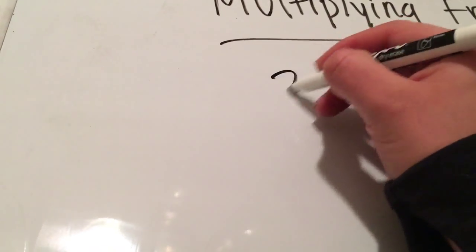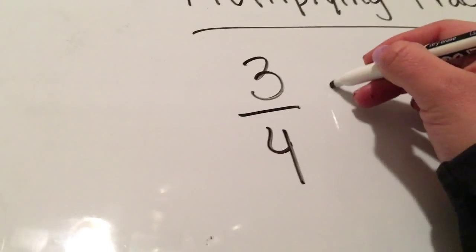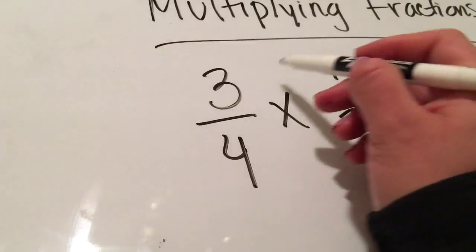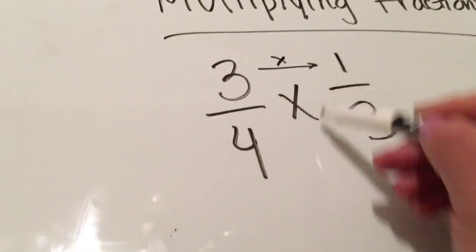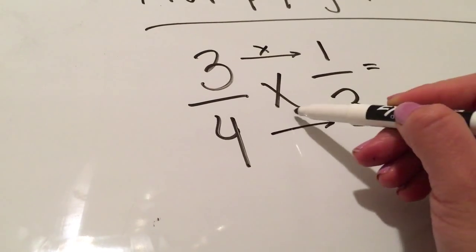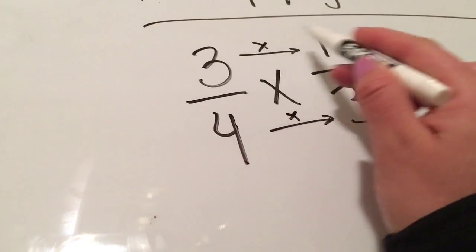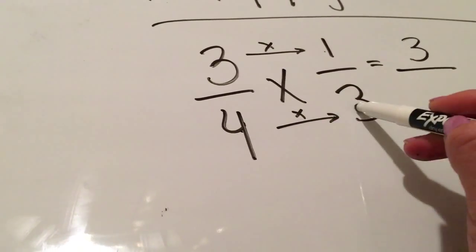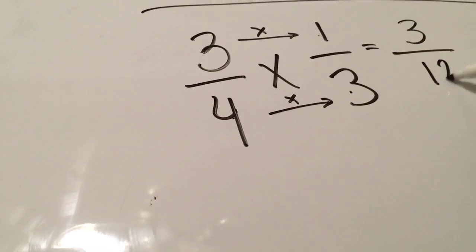So if we had 3/4 times 1/3, we would just multiply across. So we would multiply 3 times 1, which is 3, and 4 times 3, which is 12.